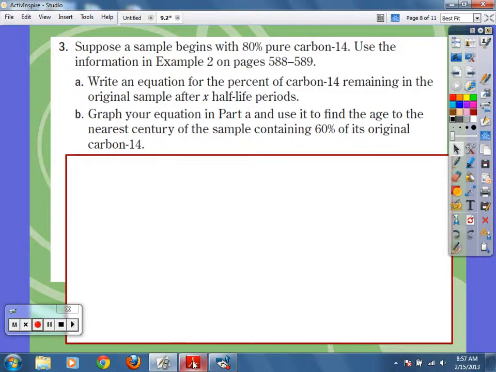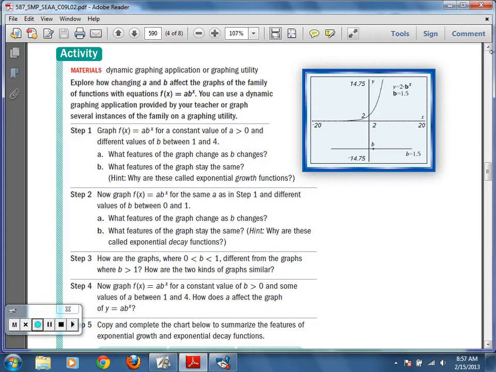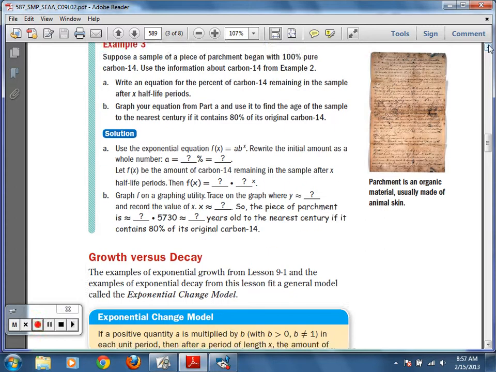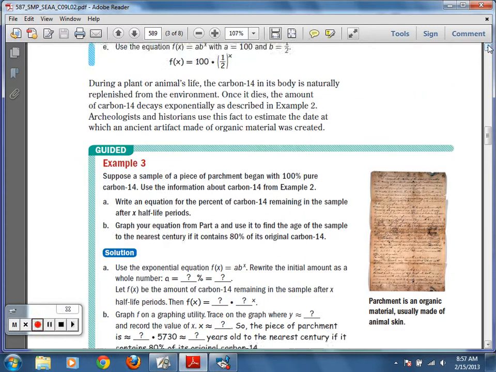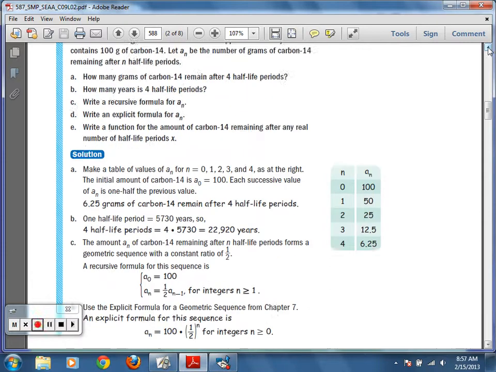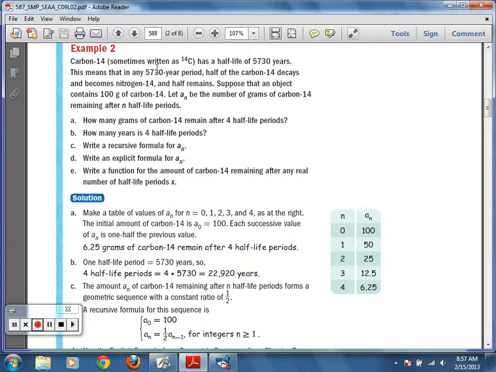Pull that up here. Carbon-14, here we go. Carbon-14, sometimes written like this, has a half-life of 5730 years. Suppose that an object contains 100 grams of carbon-14. Let A sub n be the number of grams of carbon-14 after n half-lives.